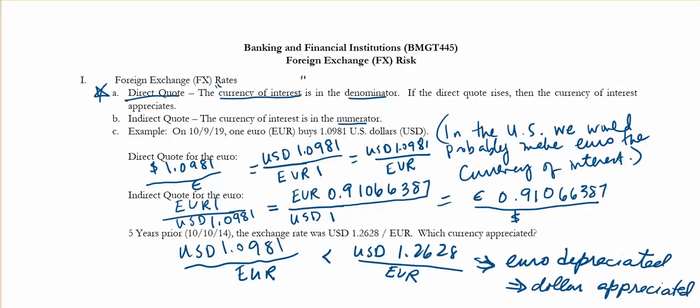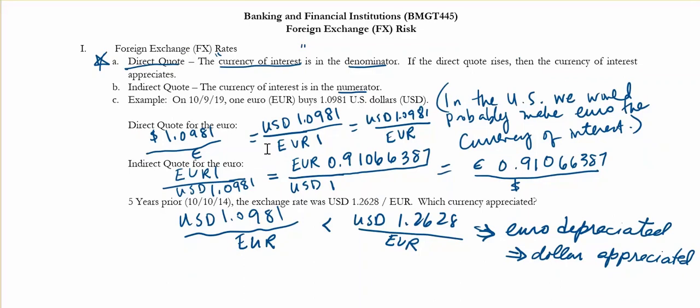Right, now on a more real world or intuitive, practical level, just consider what these numbers mean. If you have €1, you're only going to get $1.0981 right now. 5 years ago, if you had €1, you would have had $1.2628.